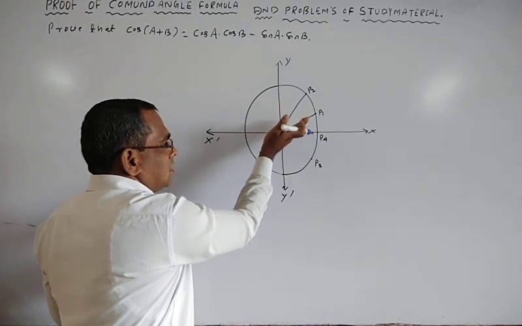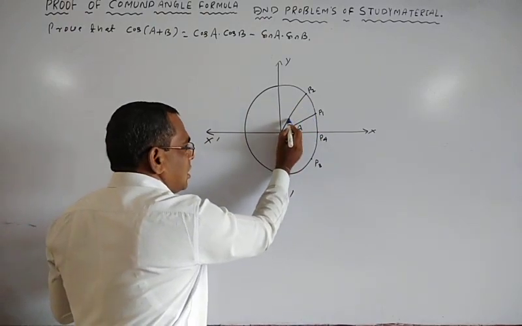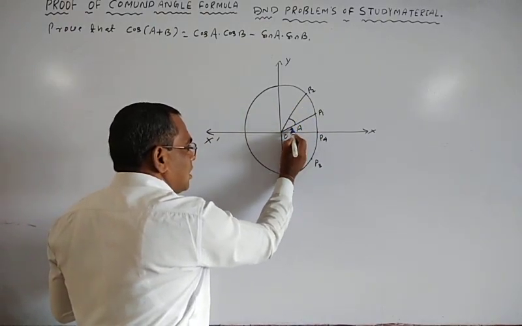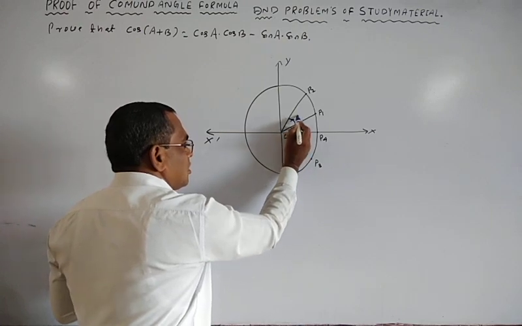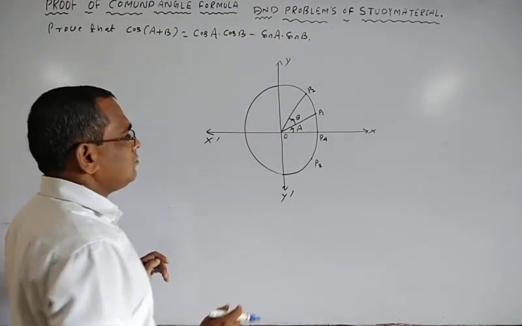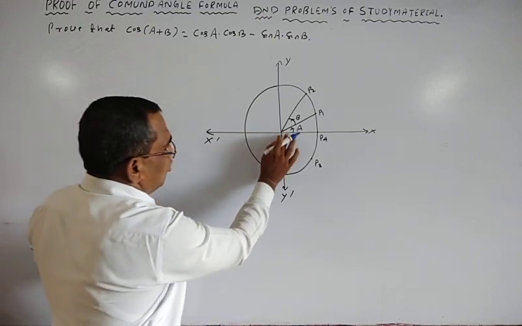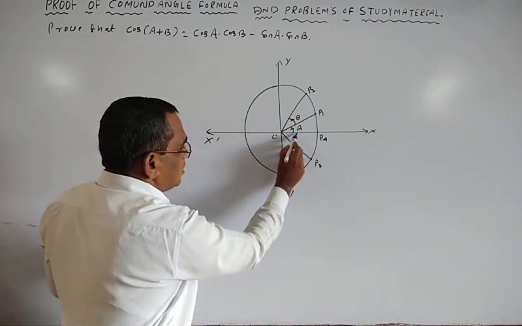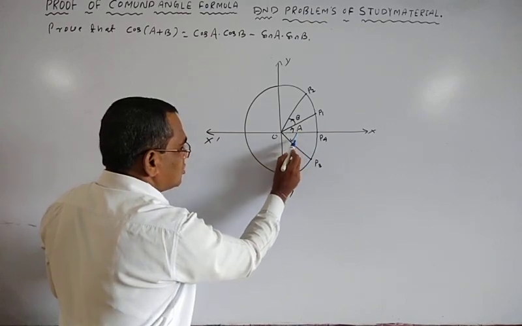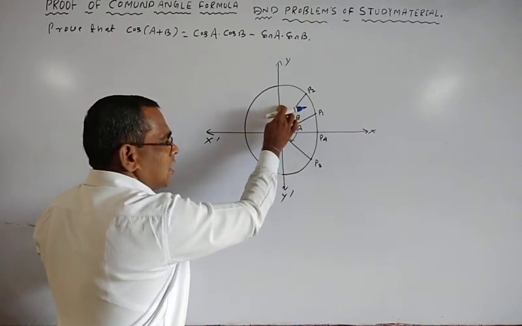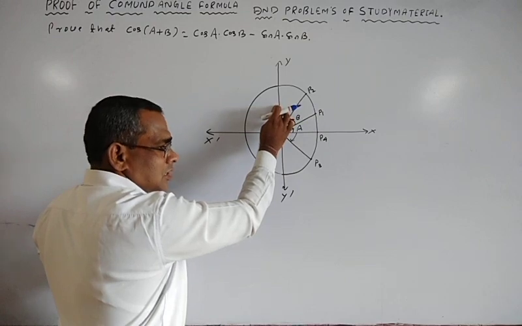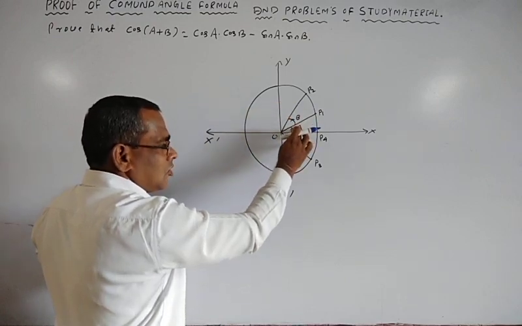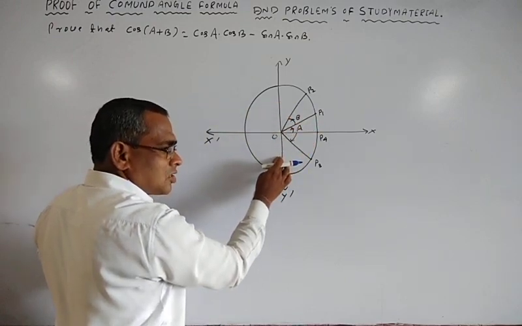OP2 is rotated by an angle B. This angle is B also. This is the anti-clockwise direction. In anti-clockwise, the angle must be positive, but in the clockwise direction, the angle must be negative.